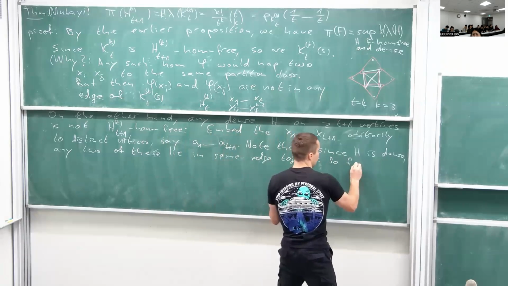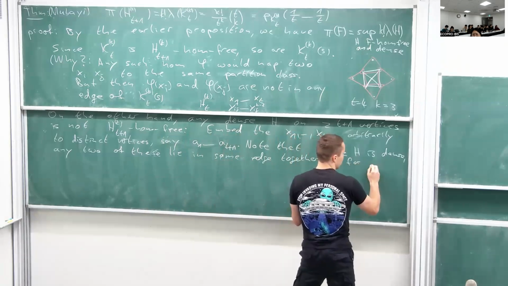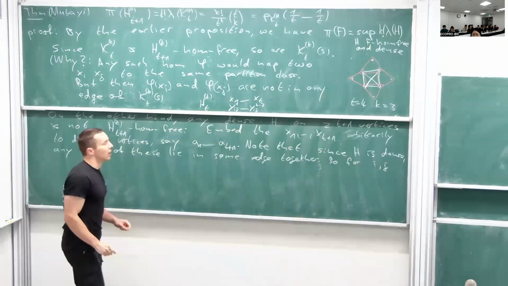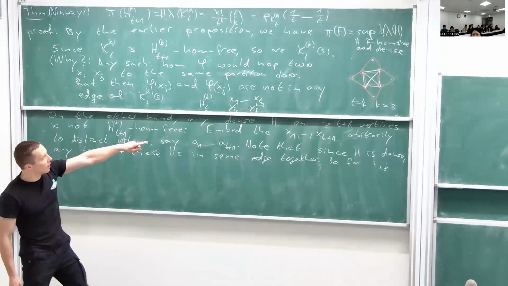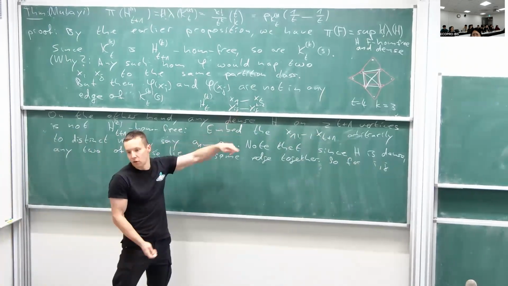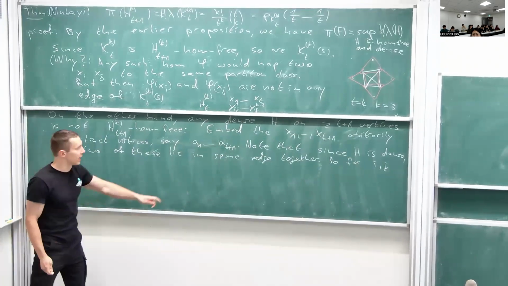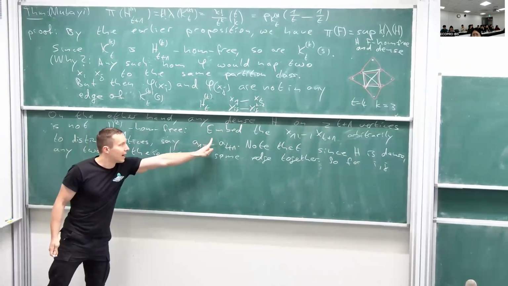So for any ij, let's just map our y_ij's to some such k minus 2 set which forms an edge with the respective a_i and a_j.